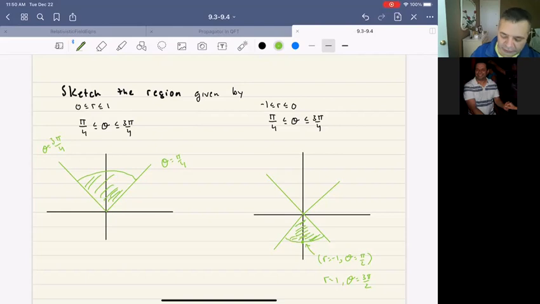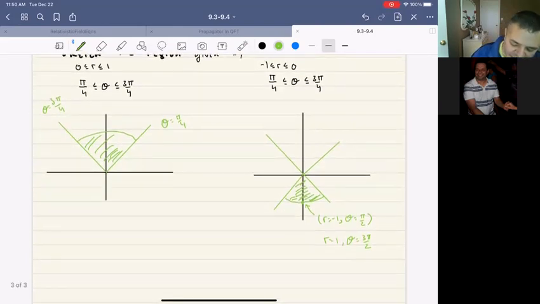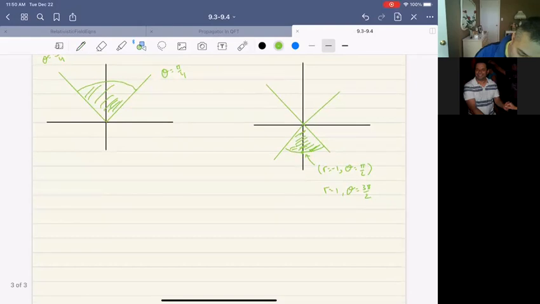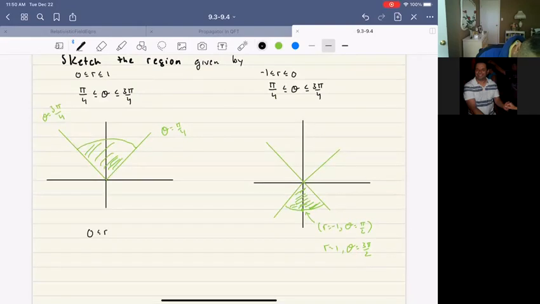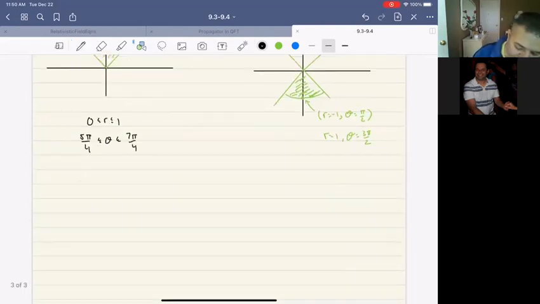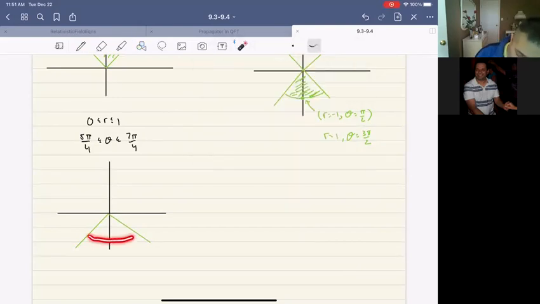Okay? Okay, let's do a couple more that are related. We just sort of talked about it. Let's graph, let's go with positive r, and let's do theta going from 5 pi over 4 to 7 pi over 4. Okay, so if I'm graphing this, theta is going to go from 5 pi over 4 to 7 pi over 4, and then it's actually going to be this region again.